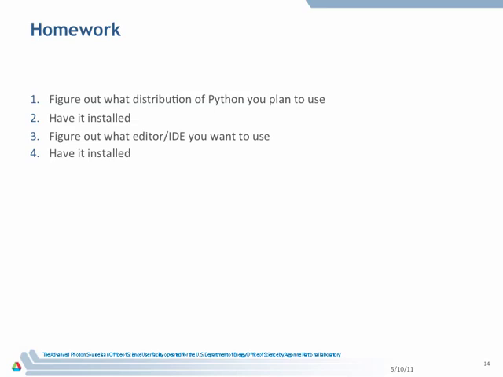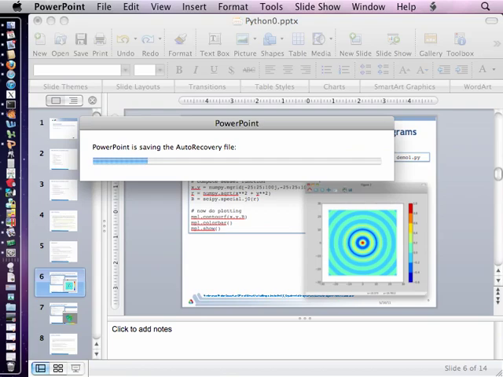If you live under IT's rules, depending on what type of operating system you're using, you might be able to get away with installing it yourself. Figure out what editor or IDE you want to use, and get that installed as well, because you're really going to need those things.